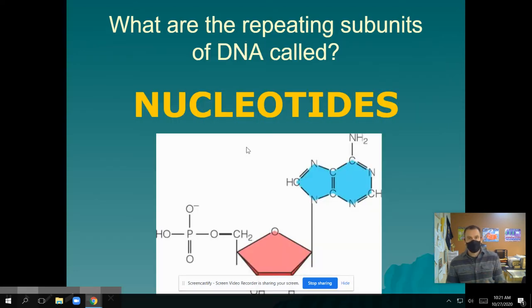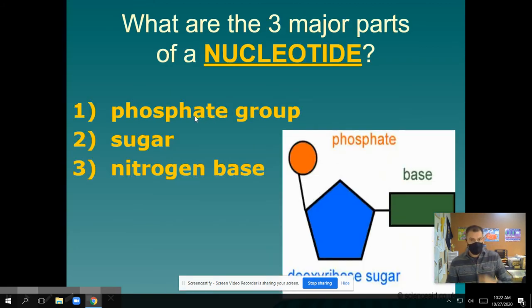Okay, so remember the monomer of nucleic acids is called nucleotides. So DNA is made of chunks called nucleotides, these little monomers or subunits. And remember, each nucleotide has three parts: a phosphate group, a sugar, and a nitrogen base.